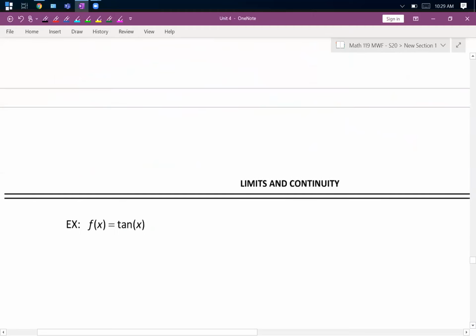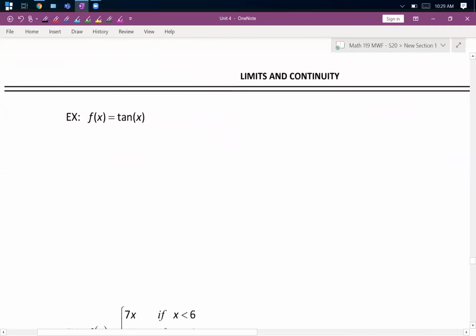All right, let's try a couple more. Now we want to find anywhere that this function is discontinuous. What do you know about tangent? Y over X. That's true.